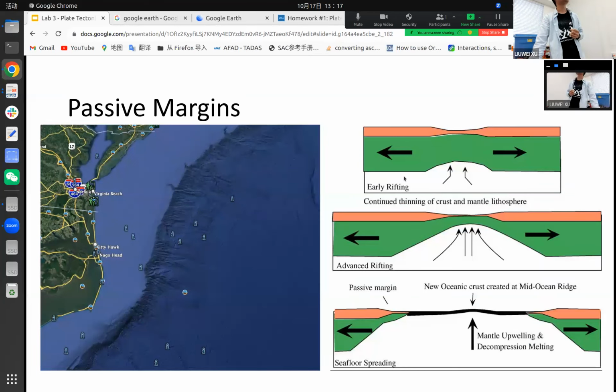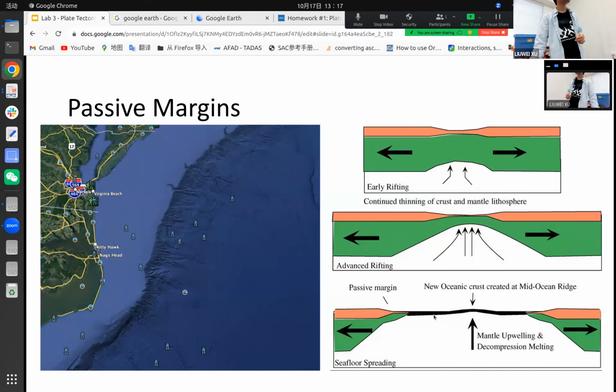A long time ago, this was an intact continent. But one day, the mantle began to go up and push two sides of the continent to move away from each other. And finally, we have this newly formed crust.